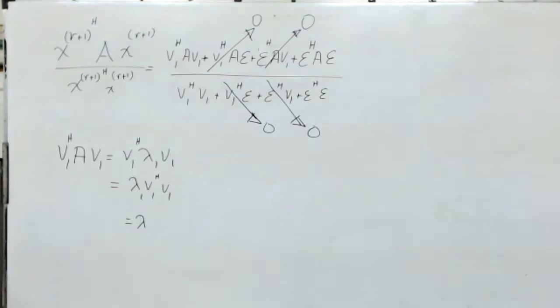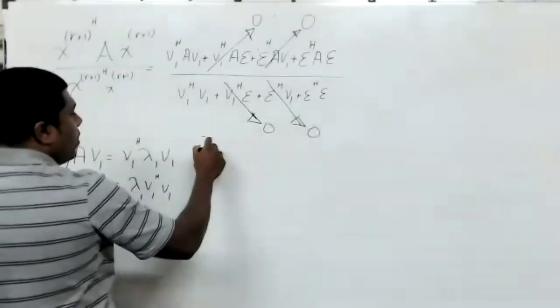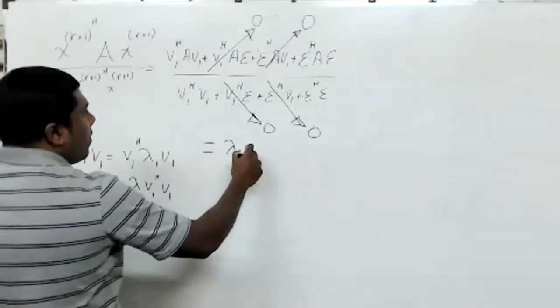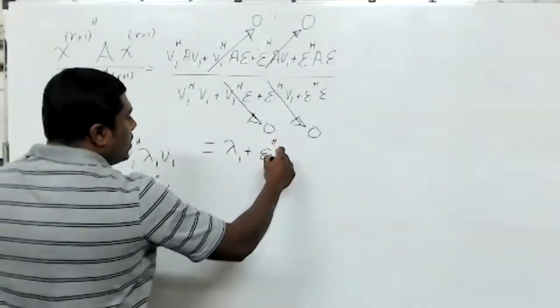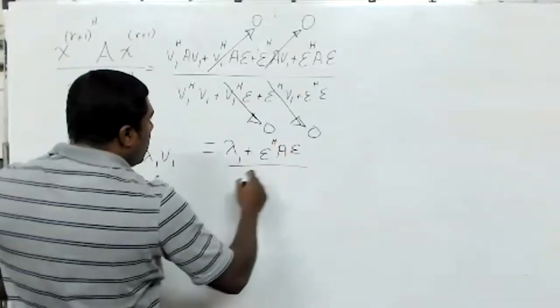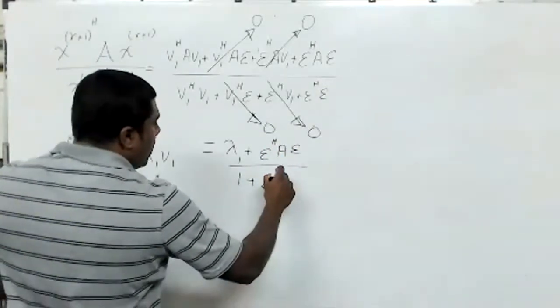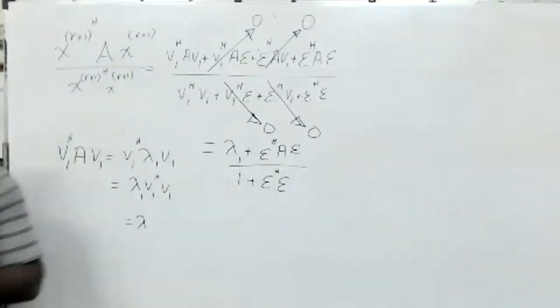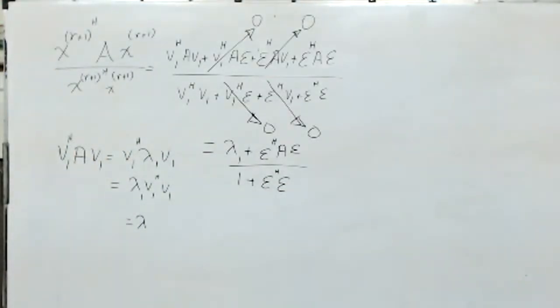Based on this, you can simplify: the Rayleigh quotient turns out to be a simple formula, lambda 1 plus epsilon Hermitian A epsilon over 1 plus epsilon Hermitian epsilon.